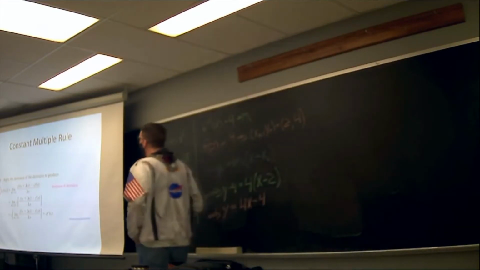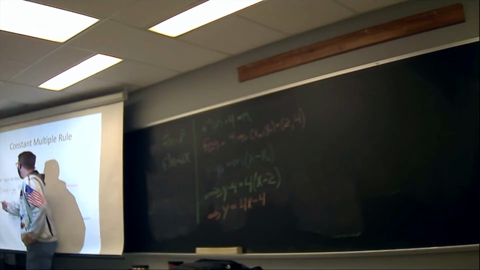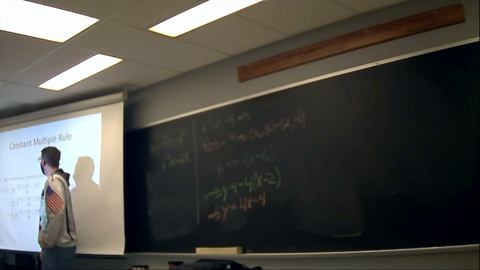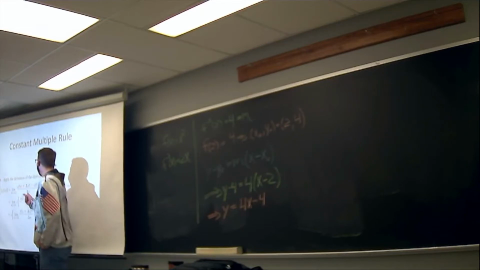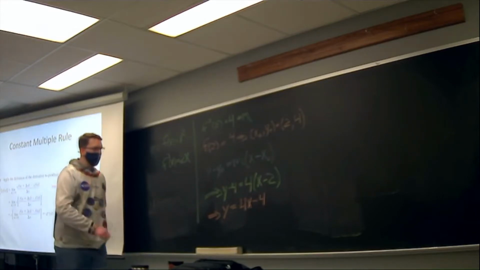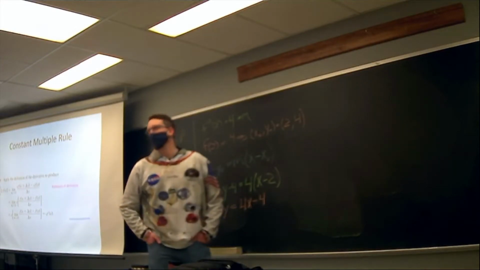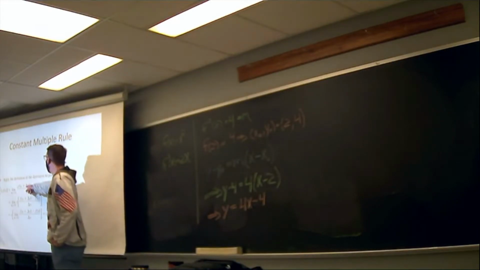Okay, so to find the derivative of c times a function, we're going to have c times the function evaluated at x plus delta x minus c times f of x, divided by delta x. Then we're going to say, hey, we can factor out this c.